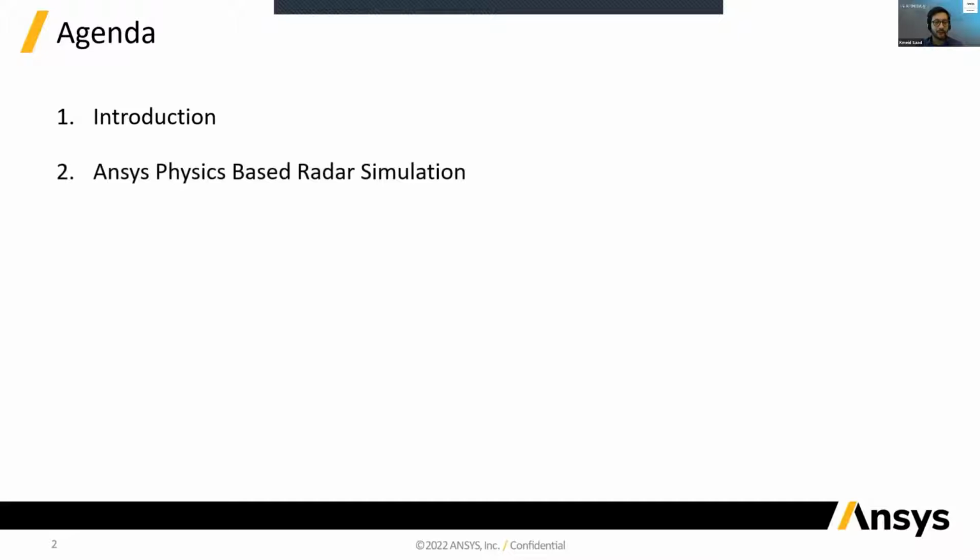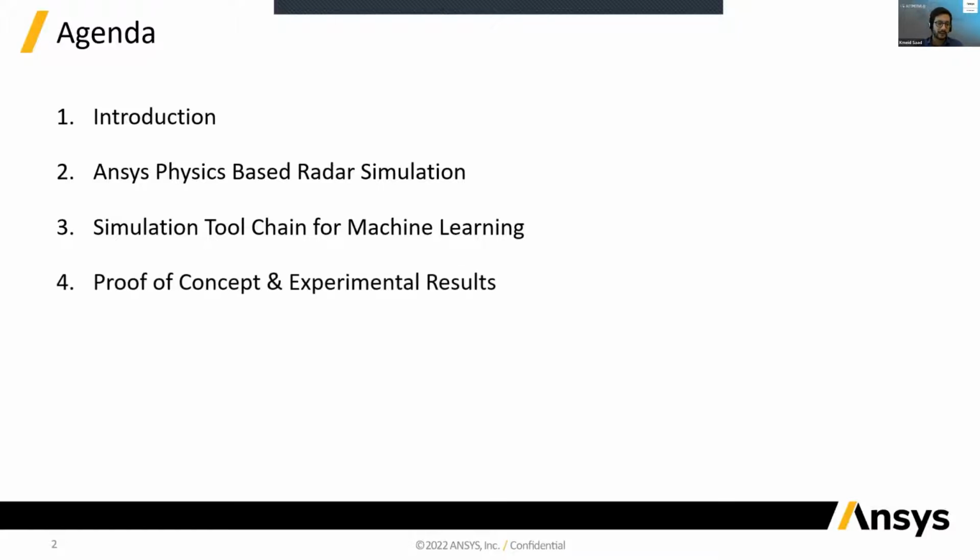Then I will talk about Ansys physics-based radar simulation as an enabler for machine learning-based applications in the electromagnetic domain, and give a short overview of the simulation toolchain we have used for enabling these applications. Finally, I will give an overview of some of the proofs of concept that we have done and some experimental or preliminary results.